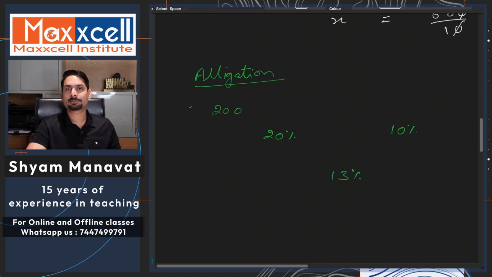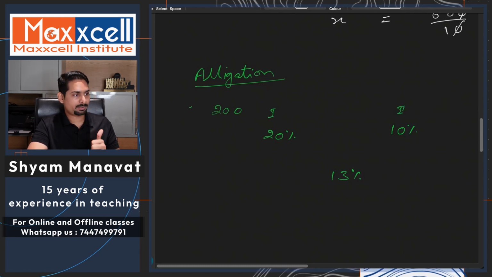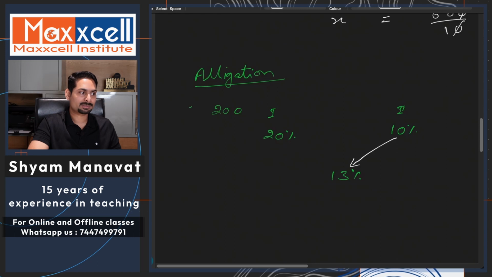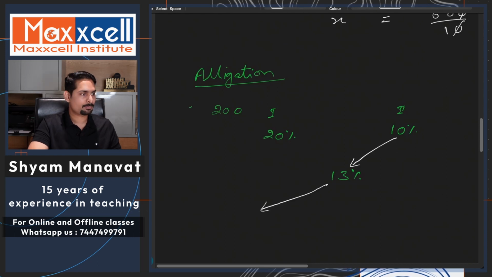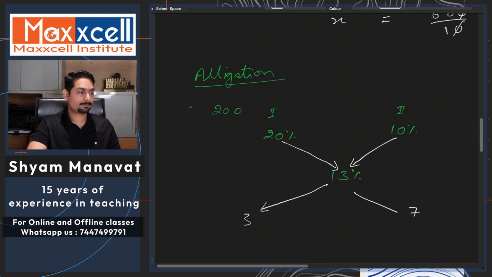comes to 13%. So first of all you write like this: the first profit given, second profit given, and the total profit given in between. Now you do cross subtraction, the difference. So 13 and 10, what is the difference? 3. 20 and 13, what is the difference? 7.